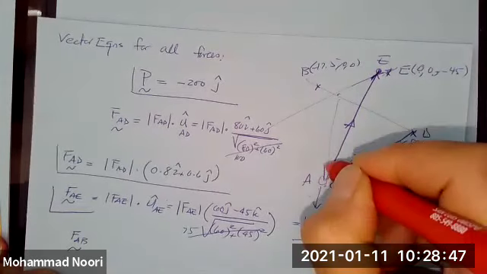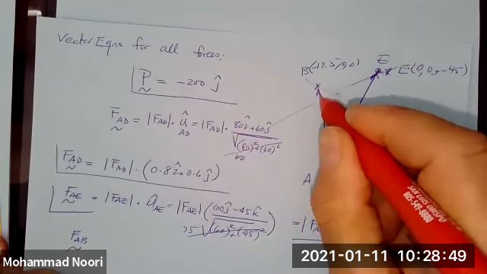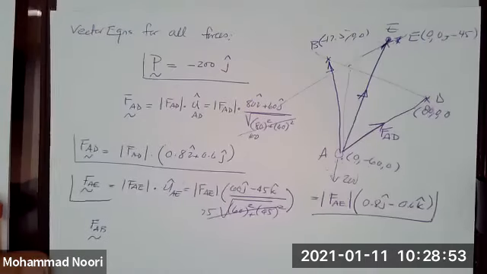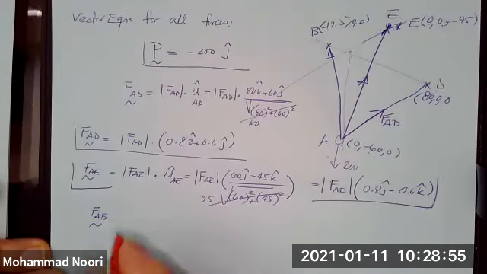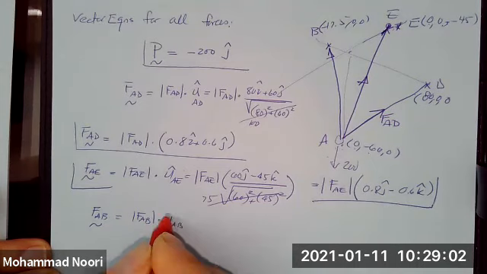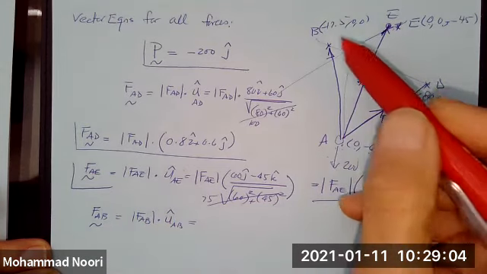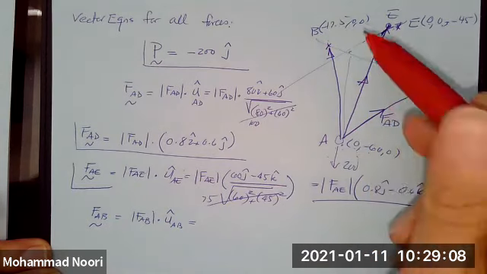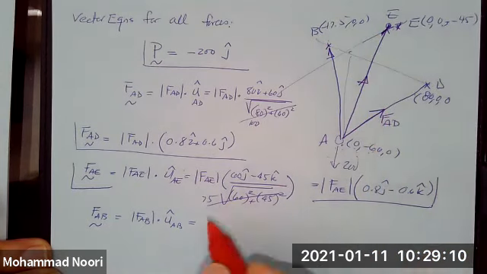So this is the force in AB. That would be the magnitude of the force AB times the unit vector of AB. What is the unit vector? Tip minus tail. Negative 17 and a half minus 0, 0 minus minus 0.